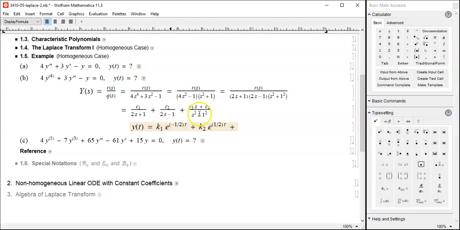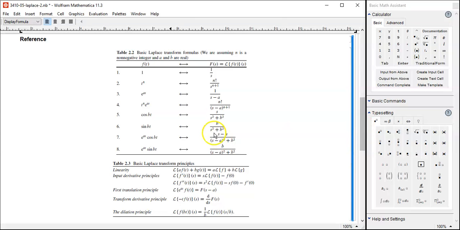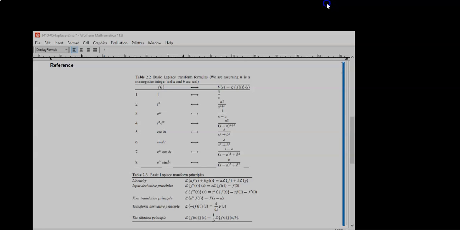Okay, how about this one? I remember this: sine and cosine. By the way, if you didn't remember the previous, you could have opened this one. e to the at is one over s minus a. Sine and cosine: s over s squared plus b squared, b over s squared plus b squared. So we need the s part, that's for cosine, and then we have s squared plus 1 squared, so it's cosine of 1t.